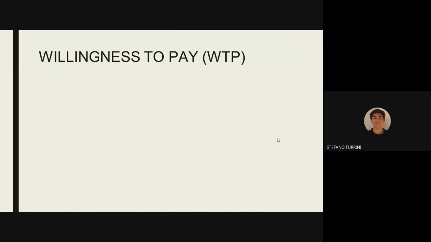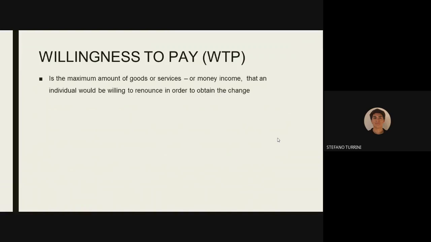Let's go a little bit deeper into the willingness to pay and the willingness to accept. The willingness to pay we can define as the maximum amount of goods, services or money income that an individual would be willing to give up in order to obtain the change. Let's make an example to understand better. We have a utility function u0 given by y0, the level of income, and e0, the level of environmental quality.